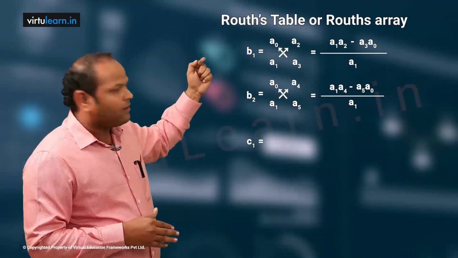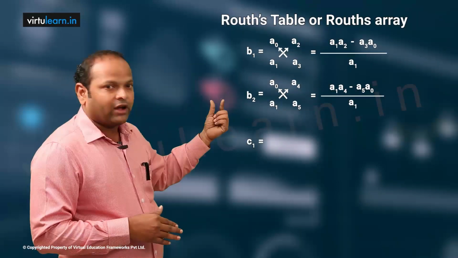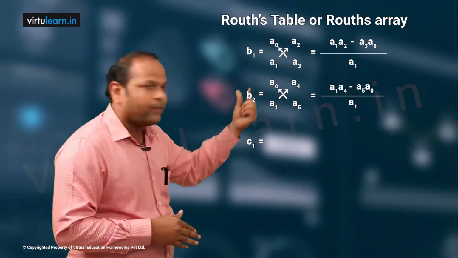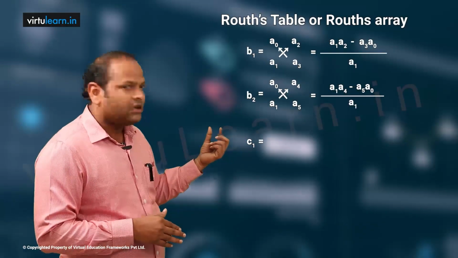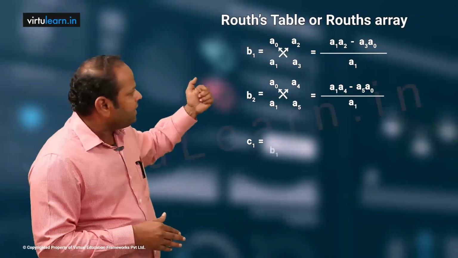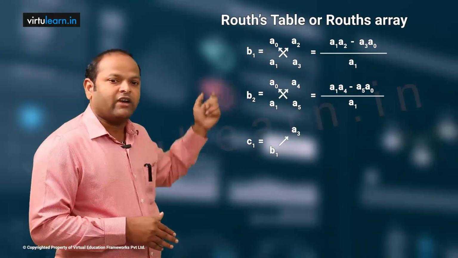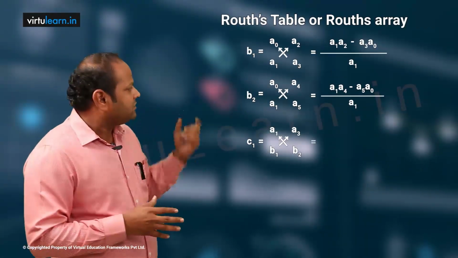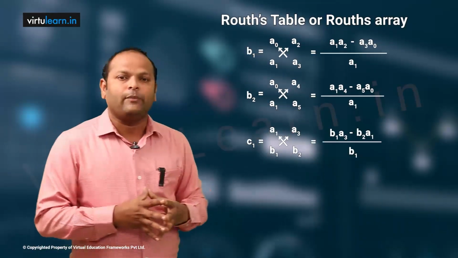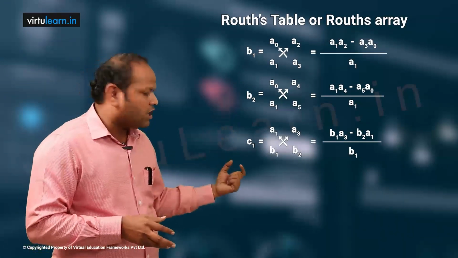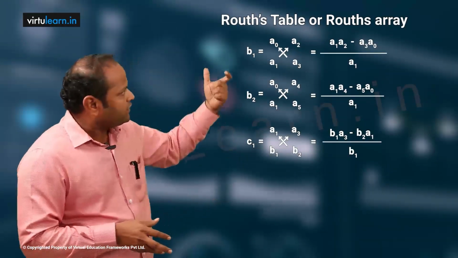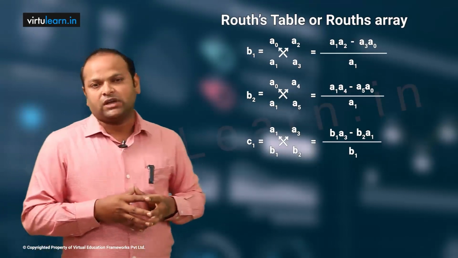Above we have A1, B1, then we have A3, B2. Then what will be C1? We should start from B1: B1, A3 minus B2, A1 divided by B1. So this way you can calculate all the elements. Then finally you will get only one last element. So we need to fill the complete Routh's array.